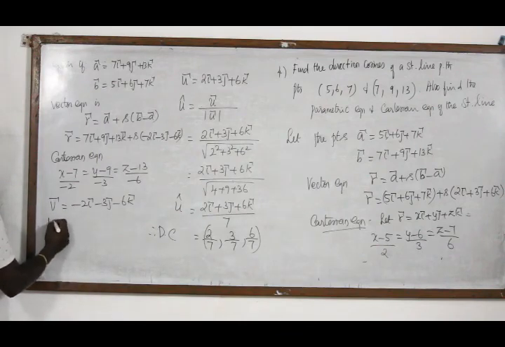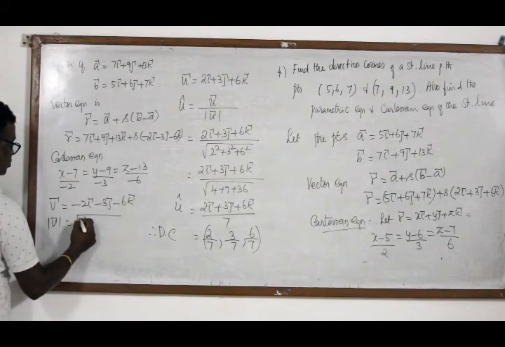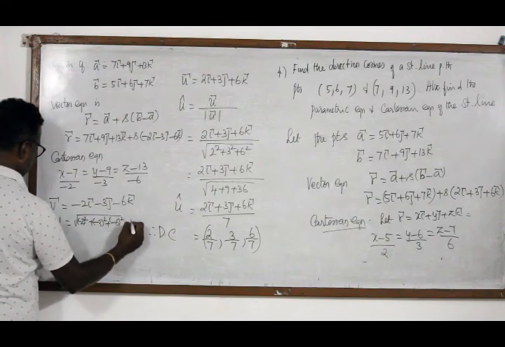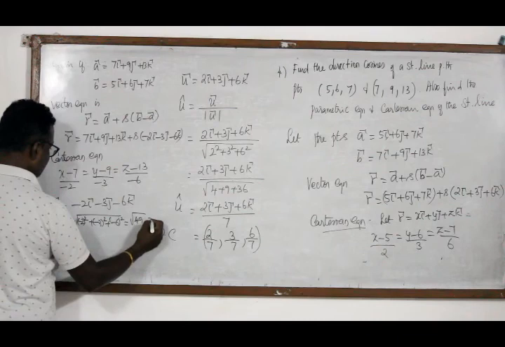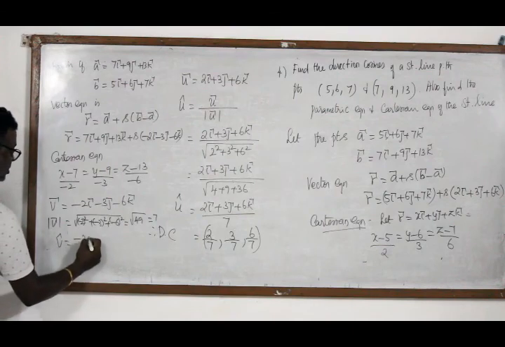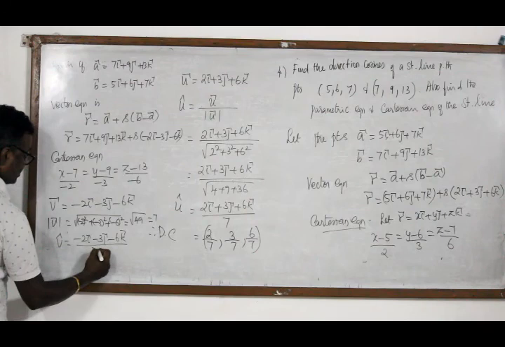But modulus will be the same: root of 2 square plus minus 3 the whole square plus minus 6 the whole square. Is it same, root 49, that is 7. So in that case, the unit vector is V cap is (minus 2i minus 3j minus 6k) by 7.